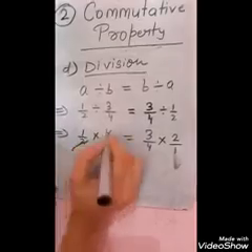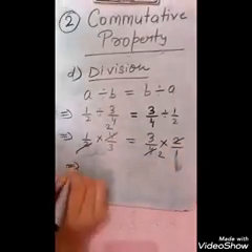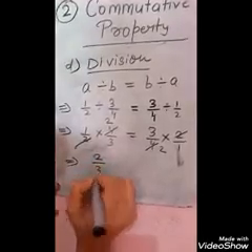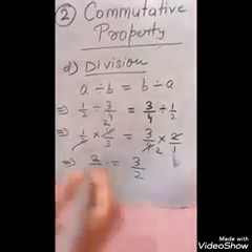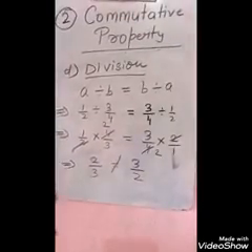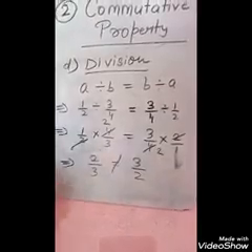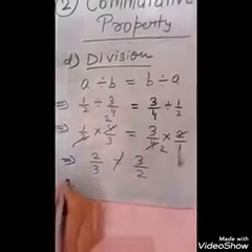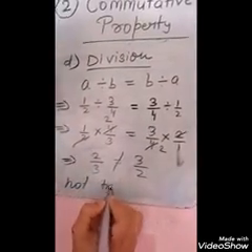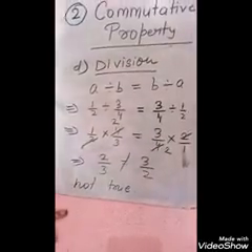Now we cut, and here you get 2 by 3 and here we get 3 by 2. So 2 by 3 is never equal to 3 by 2. We can conclude that the commutative property for division is not followed by rational numbers. Not true. So this is all about the commutative property, student.